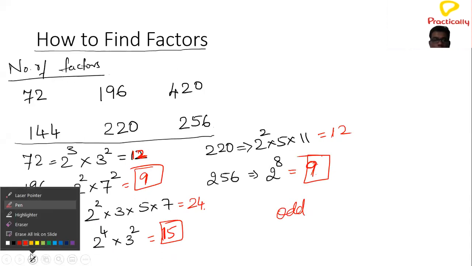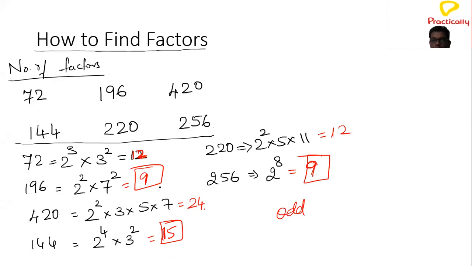There are 15 of them. 196 has odd number of factors. There are 9 of them. 256 has odd number of factors. There are 9 of them. Whereas the rest of them, 12, 24, 12, they have even number of factors.